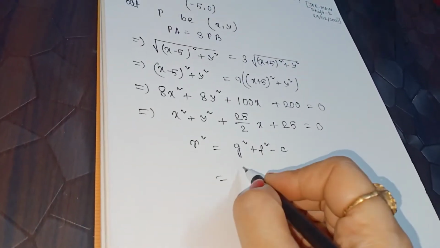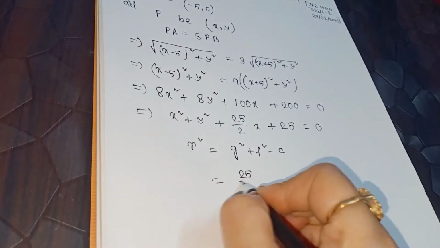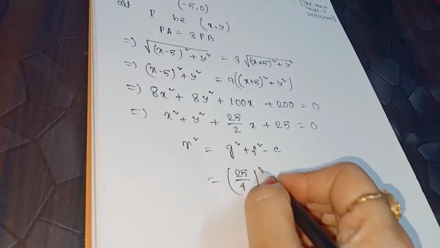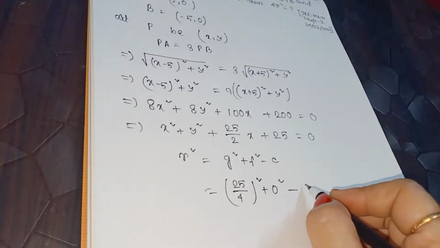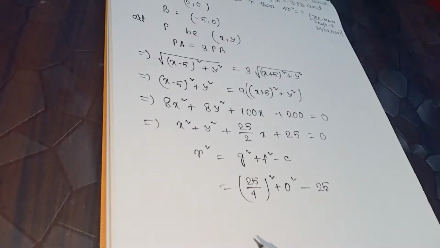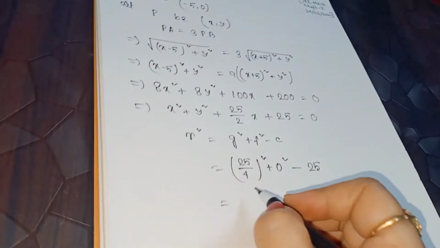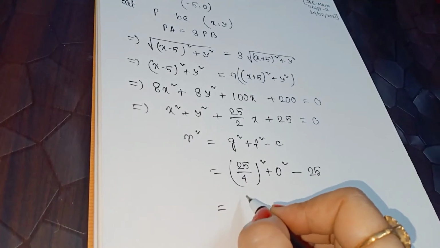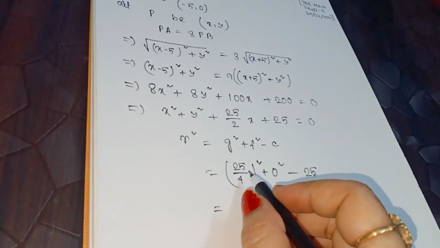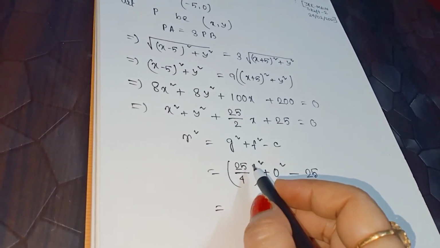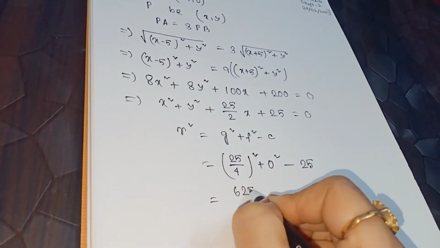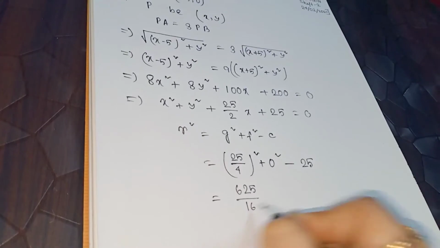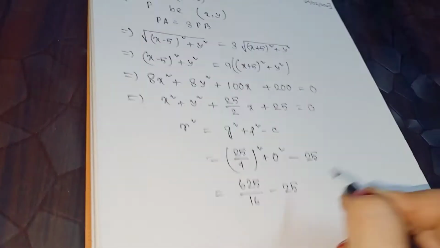So g square is equal to (25 by 4) whole square, plus f square is equal to 0, minus c is equal to 25. So that is equal to 25 into 25, that is 625 by 16 minus 25.